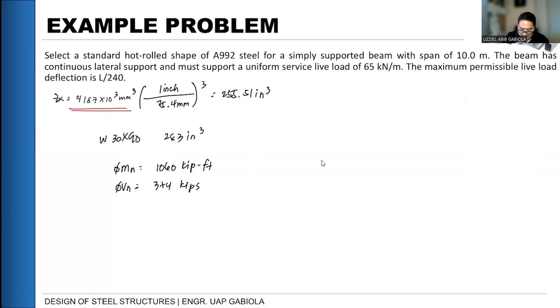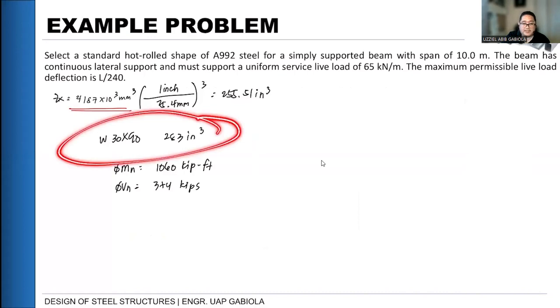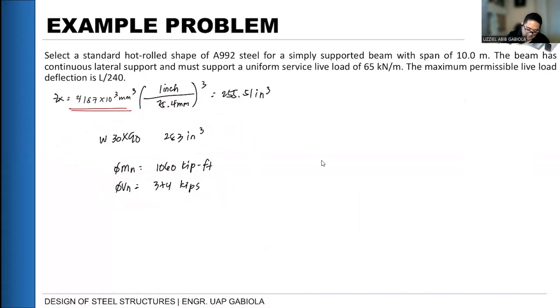As far as moment is concerned, if we only talk about ZX, it is okay for our moment capacity. And for shear, its capacity is 374. What is the conversion of kips to kilonewton? Let me get a conversion. 1 kip is equal to 4.45 kilonewtons.